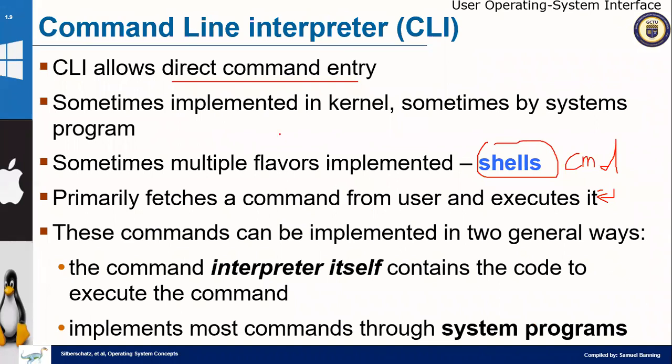For example, if you execute the ipconfig instruction in your command line, this ipconfig is a system program, and the command line has the power to execute this system program. But if you execute a command like echo hello, this echo command is stored in the interpreter itself, and therefore it will not go anywhere. It will remain in the interpreter and execute your echo command.